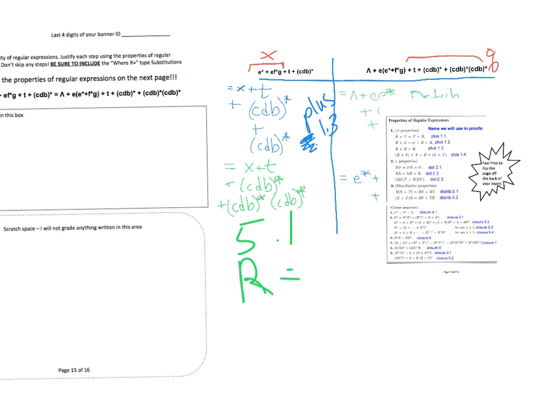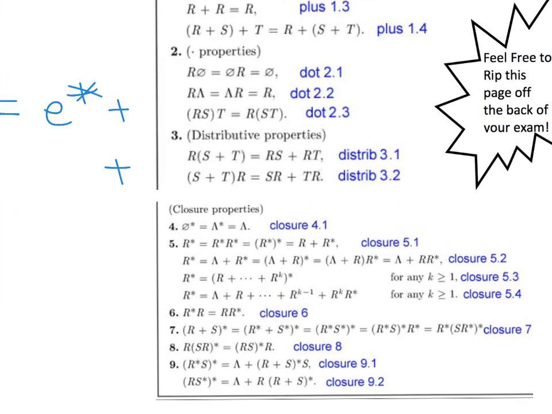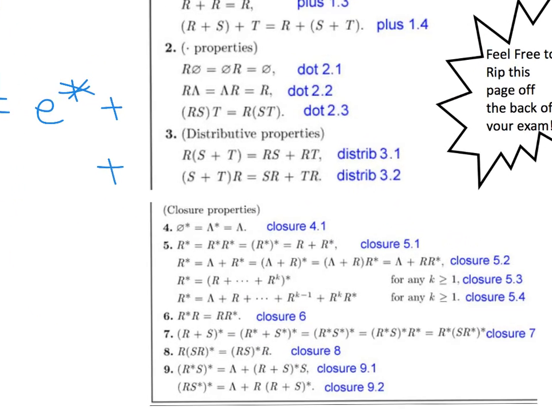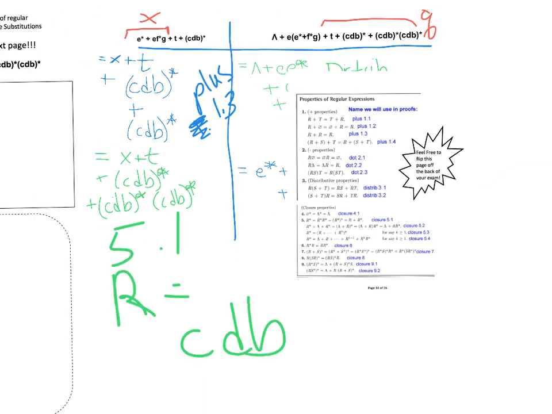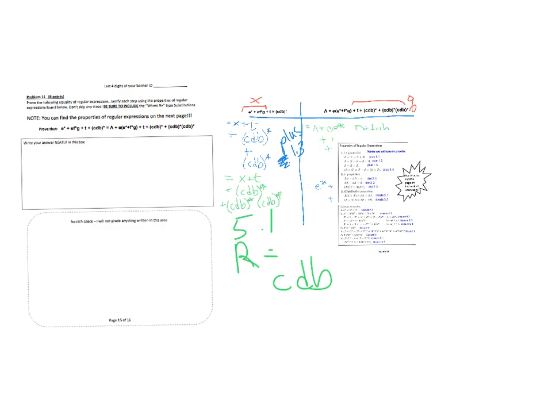Here R is going to be just CDB, not CDB star, because if we look at what 5.1 says, it says that R star equals R star times R star. So what's the R part of that? The R part of that is just the CDB, and then we star that whole thing.